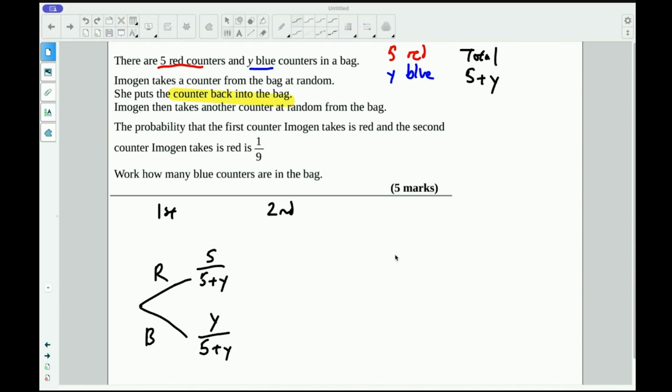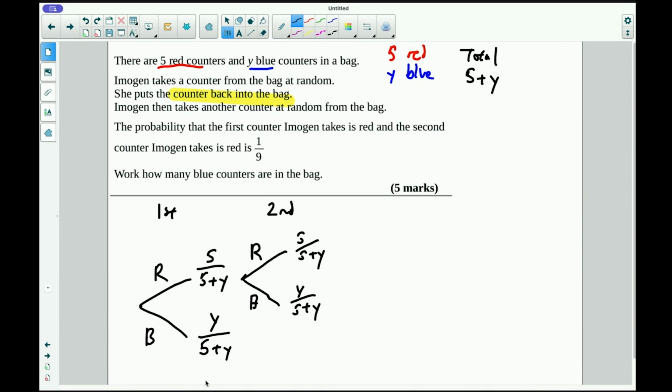Now for the second leg, does anything change? Yes or no? Or does it stay the same? What are we thinking? It stays the same. Yeah, exactly. If you put the counter back into the bag, we're not changing our probabilities. So again, we're looking at red and blue being exactly the same. 5 over 5 plus y, and this will be y over 5 plus y.